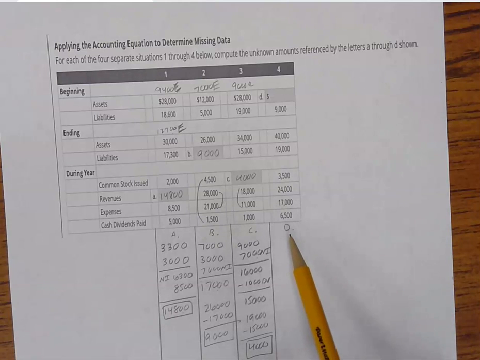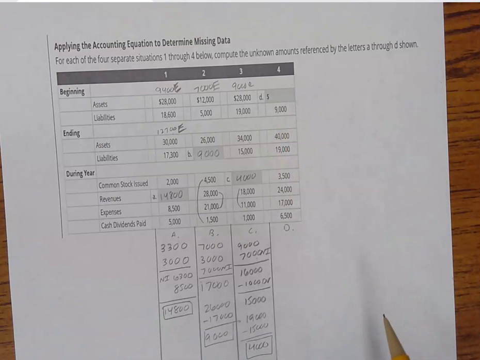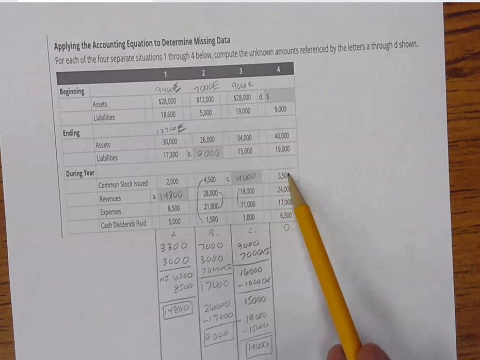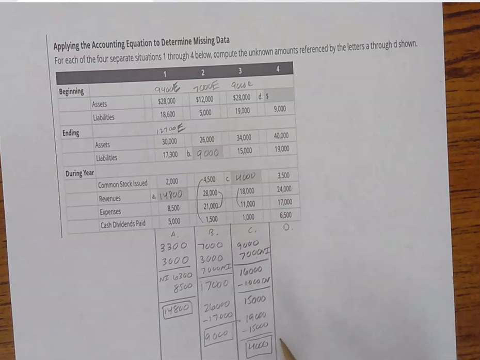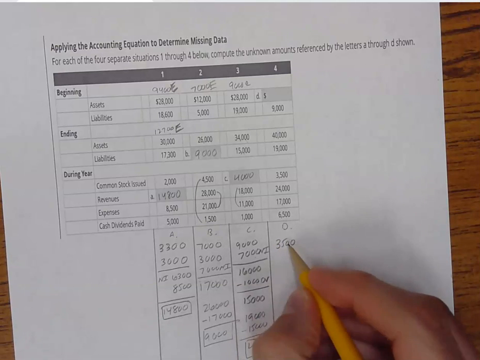And then in column D, we're solving for beginning assets. So what I would do in this particular case is I would start here, mostly because I have all of the ingredients. We can see that we have issued $3,500 in common stock throughout the year.